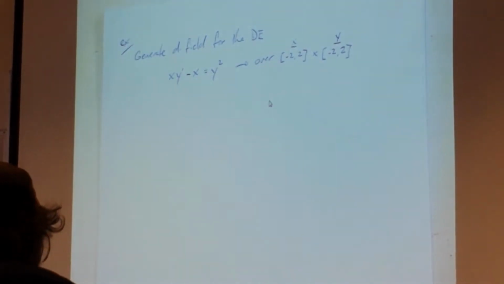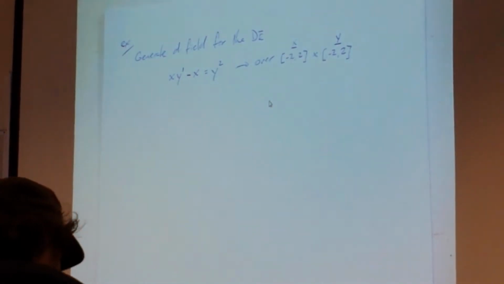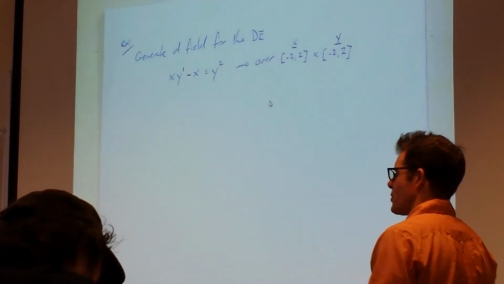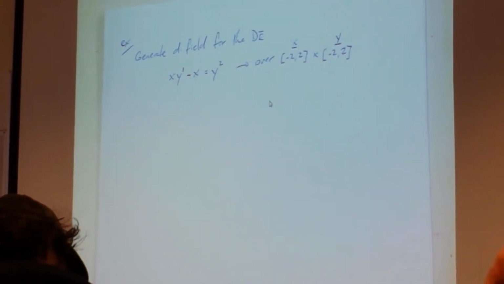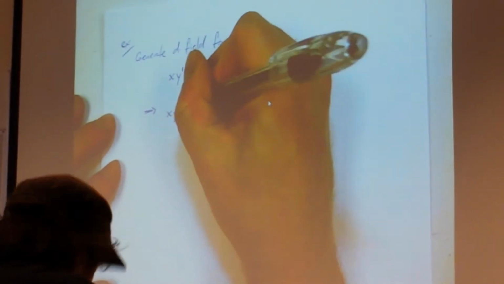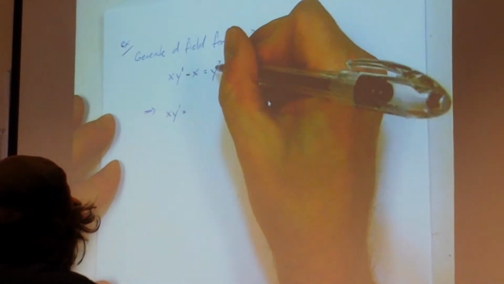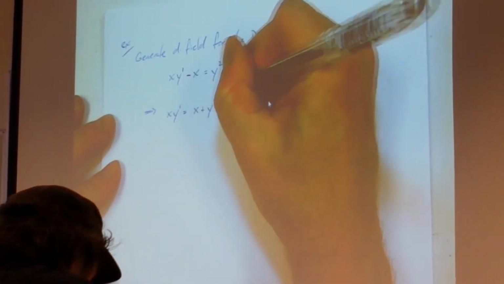Okay. So notice that this equation is not in that nice form where it's just dy dx equals something. So we just need to do a little bit of algebra to extract that y prime. All right, so I could say that x y prime equals x plus y squared.